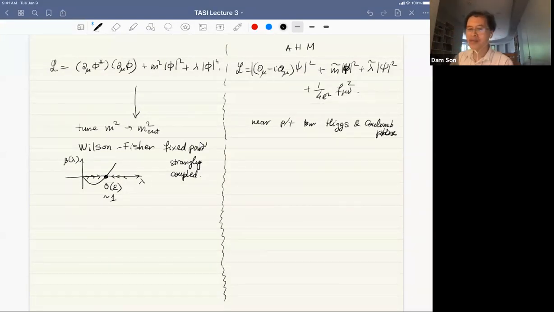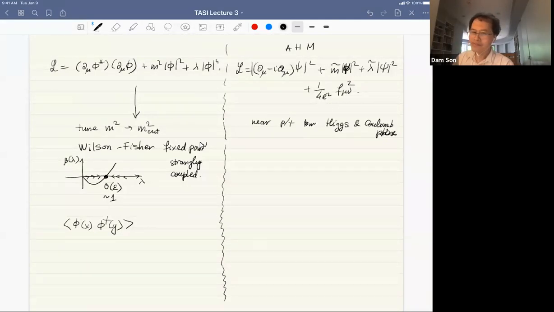So, for example, suppose you want to ask the question: what is equivalent to the 2-point function of the operator phi on one side, phi(x) phi dagger(y), this Green function on this side, for example?